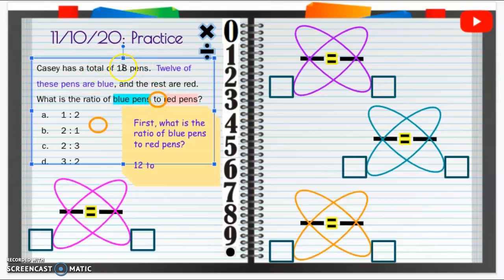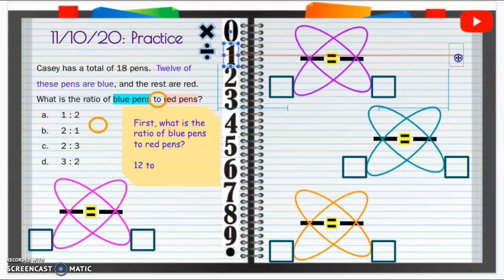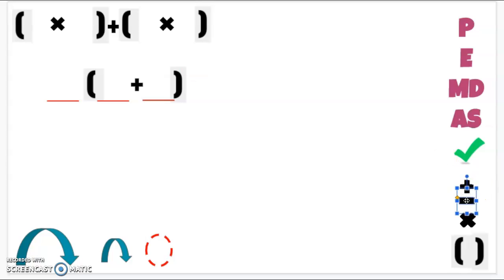So if there's 18 pens total and 12 are blue, what's 18 minus 12? Let's figure it out. So if we do 18 minus 12, because we have 18 total, and we're going to take away 12. I'm going to steal a subtraction symbol here.